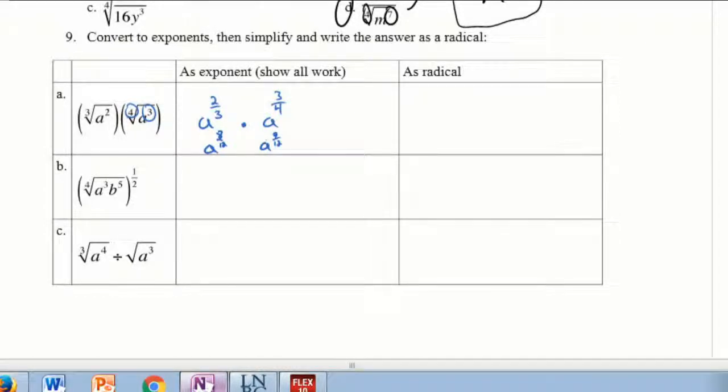Probably can't read that. And then I'm going to add them together. So I'm going to get a to the 8 and 9, 17 over 12. I'll just keep working this way.